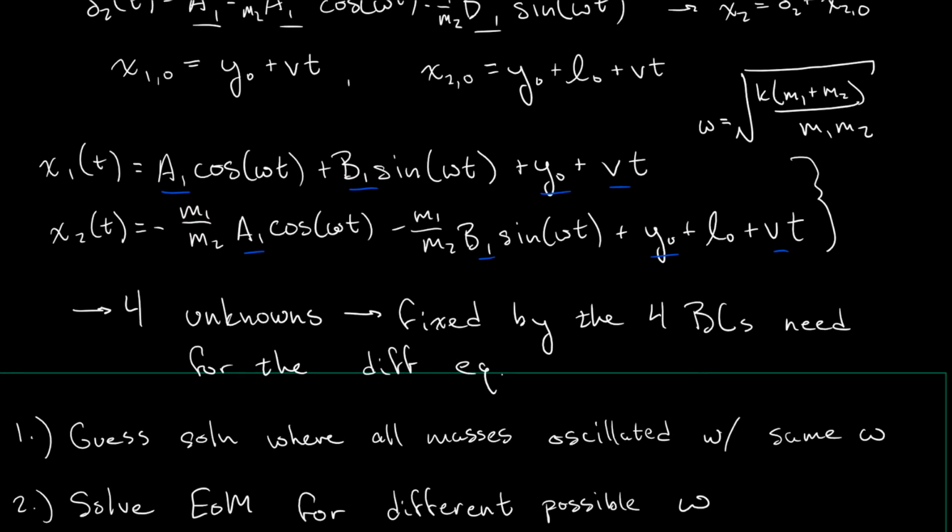So this solution will satisfy any set of 4 boundary conditions that I give it. It'll also satisfy the equations of motion. And I believe there's a theorem in solving differential equations. I don't quite know how to prove it, but if you have a solution which solves your differential equation with the given boundary conditions, then it is the unique solution. Like I said, I'm not 100% sure how it's proven, but I'm pretty sure that's a hard mathematical fact.